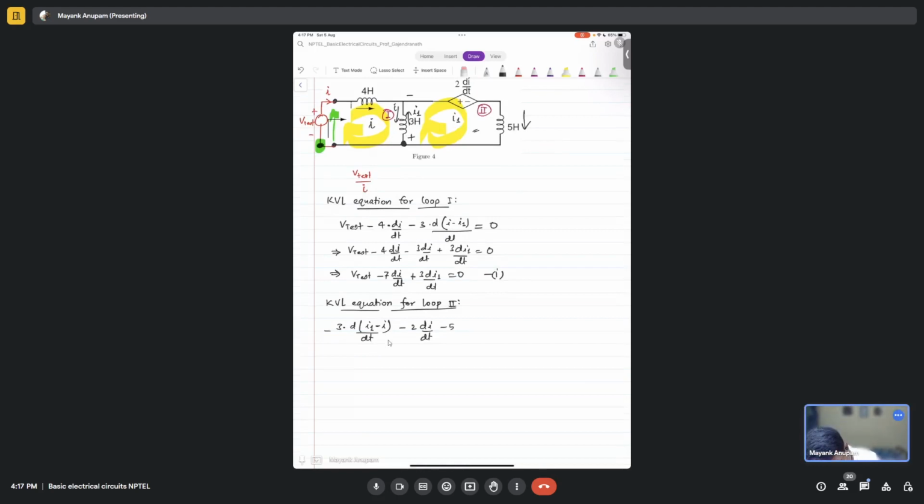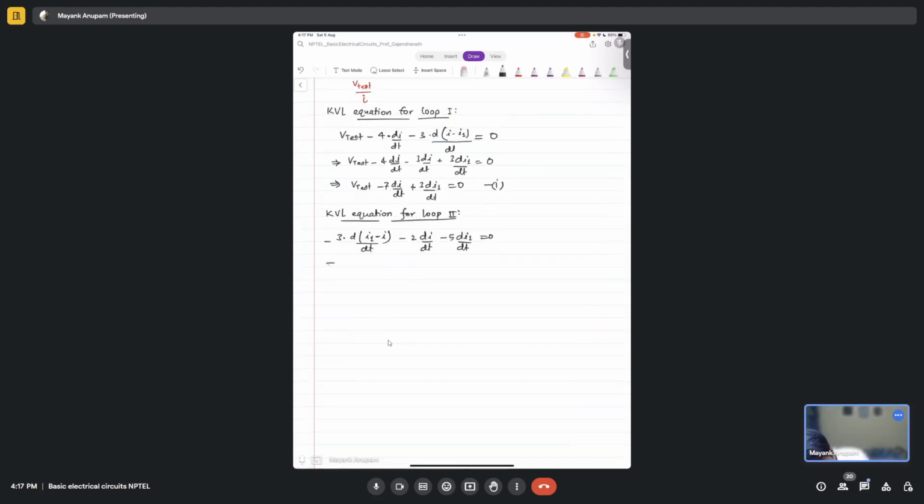It is minus 5 times di1/dt equal to 0, correct? So what will it be after solving? Minus 3 and minus 5 is minus 8 di1/dt. Minus 3i minus 2i is minus 5 di/dt is equal to 0, correct? Is that all right?